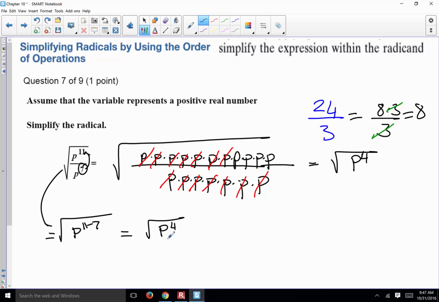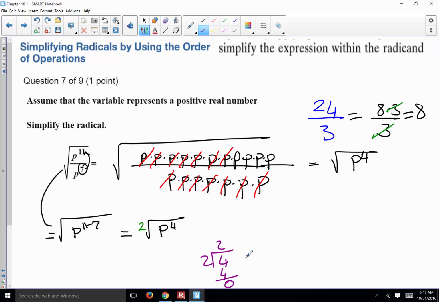So are we done? I see no longer a fraction. What is always the first requirement we need to meet? We must have only powers less than the index inside. Index is 2. This guy is rich, so he can pay off the bail, right? And how do we do that? How many times does 2 go into 4?